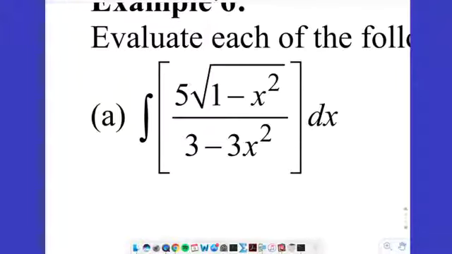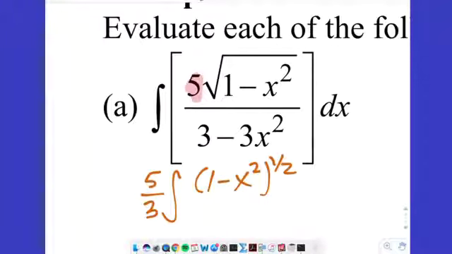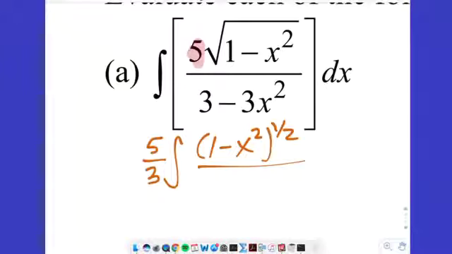Here's what I would recommend doing. First of all, if you have any constant multiples in your integrand, you're going to want to pull them to the front. So I got a 5 in the front of the integrand, and I could factor a 3 out from the denominator. And now I leave it as 1 minus x squared to the 1/2 power all over. What do I have in the bottom when I factor the 3 out?